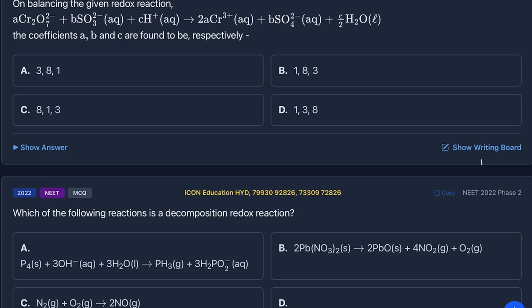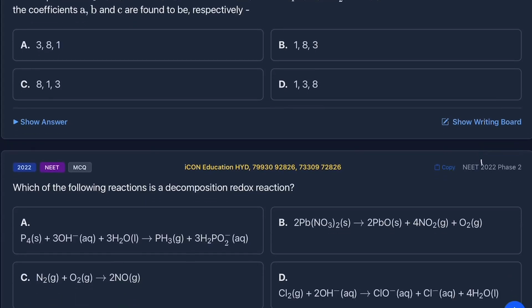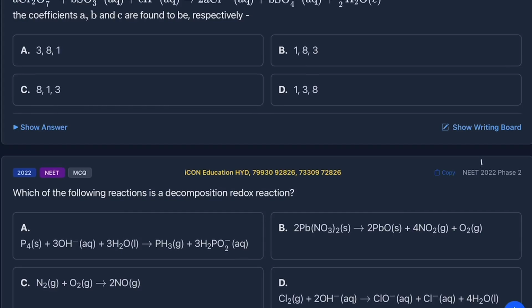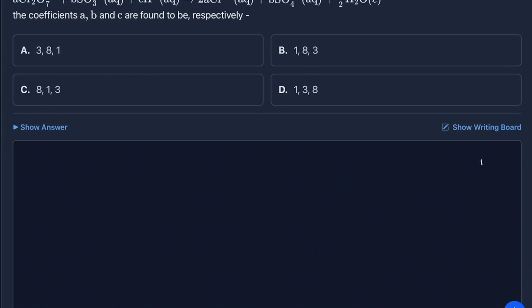Here we have to balance the redox reaction, and the coefficients we get, A, B, C, are our answer. So I can write the oxidation reaction and the reduction reaction.